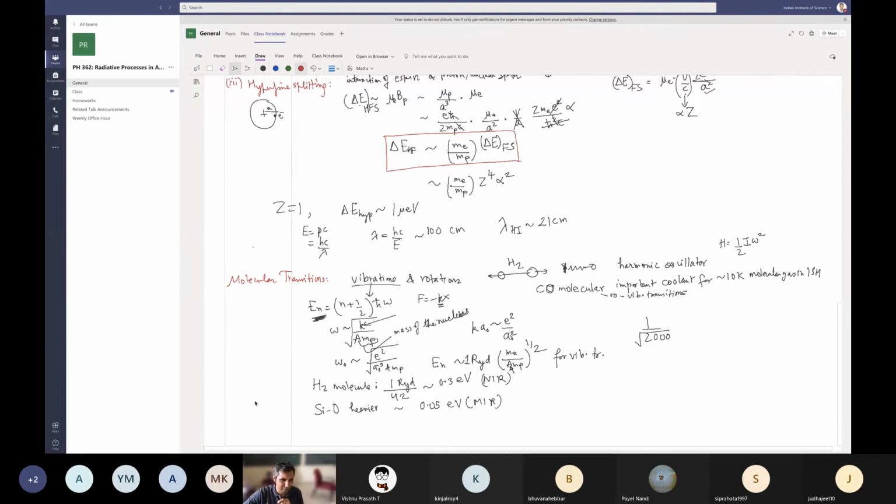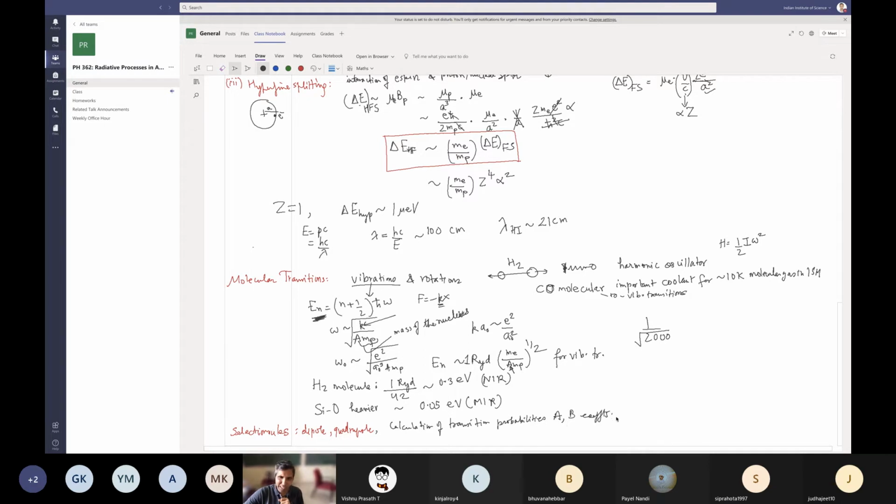Okay, so this is just about the transitions, but there is much more. There are terms like selection rules, like dipole transitions, selection rules, for example dipole, quadrupole, and so on. And there are things like calculation of transition probabilities, like Einstein's A and B coefficients.